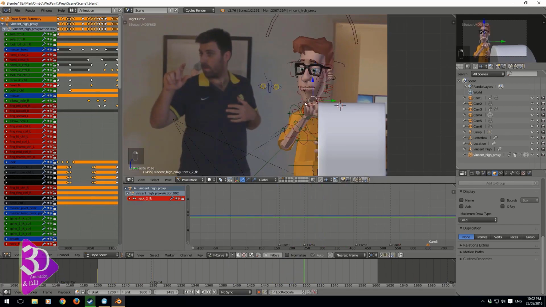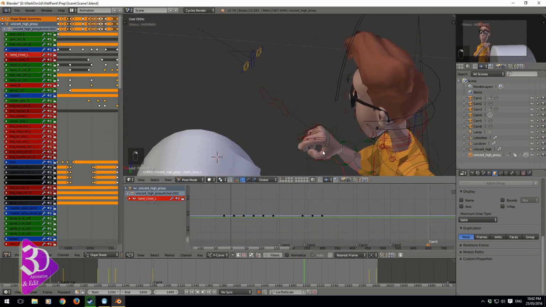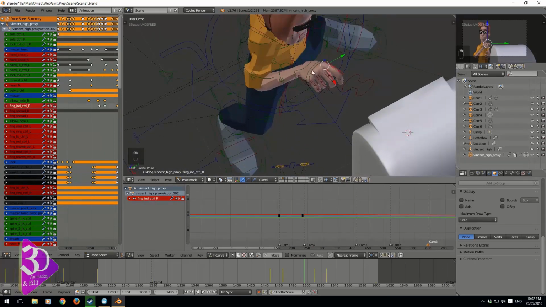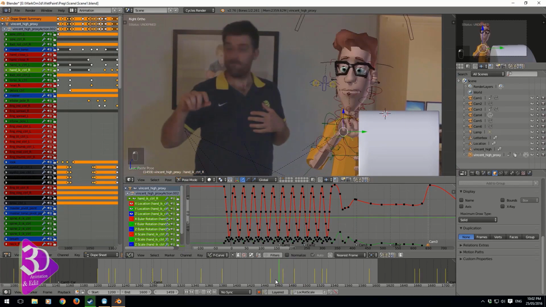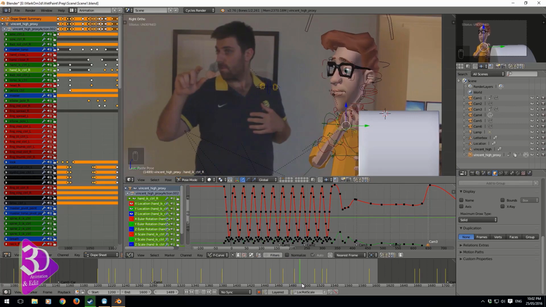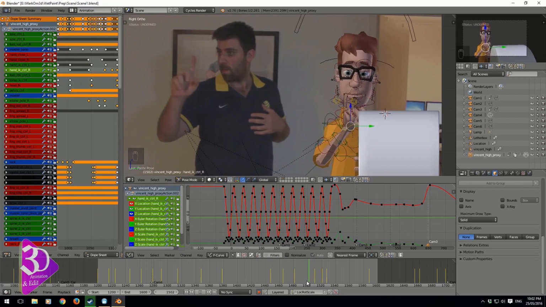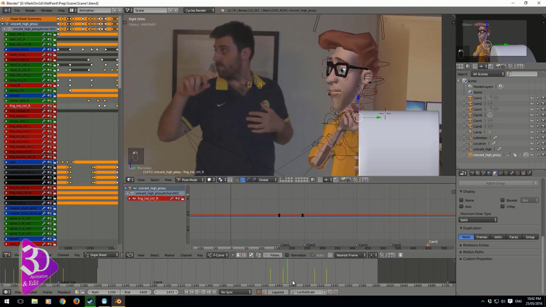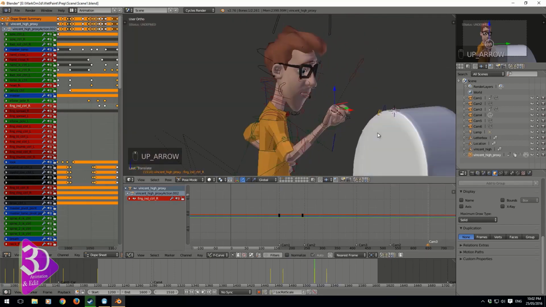Okay, so let's go back to this hand. Where are you, hand? There it is. This is one of those things where the hand comes up, and it just sits there for a while. At this point, it should be fully extended.